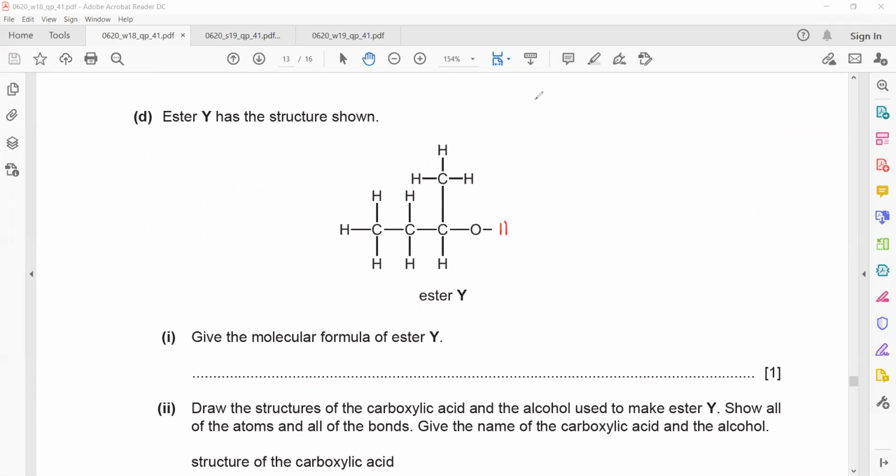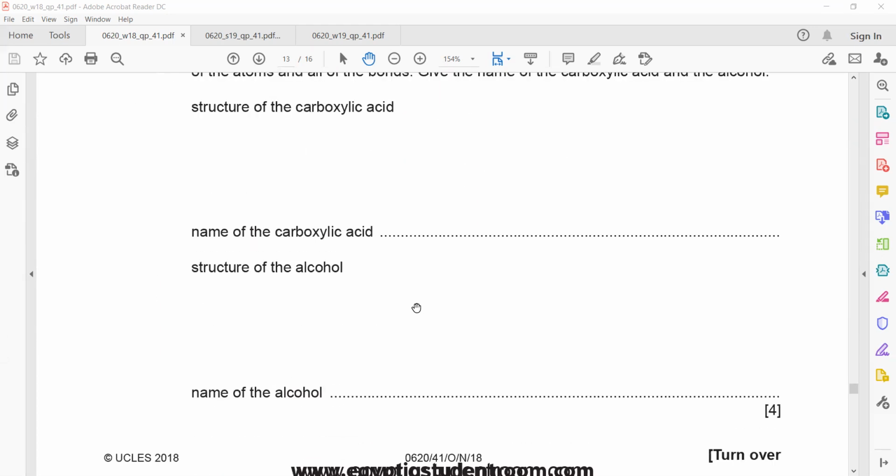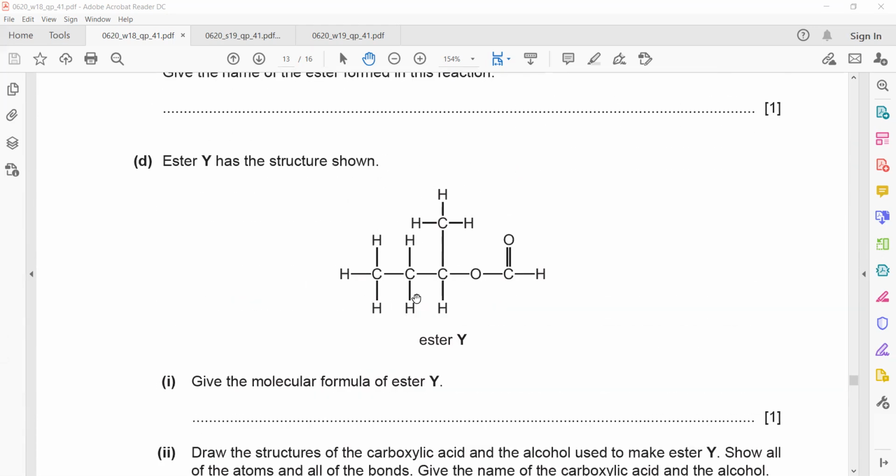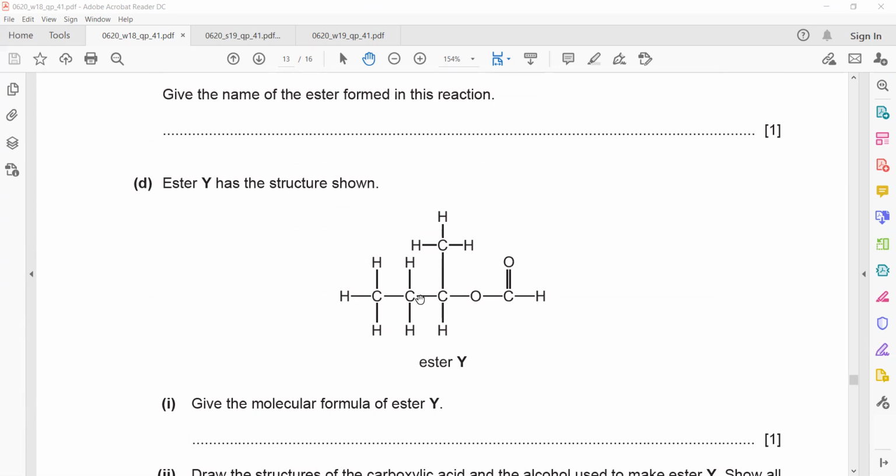And if you want to draw the carboxylic acid, hide the part which is coming from the alcohol, and put H. That will give you the carboxylic acid structure. Is it clear? The next part is just to draw the structure of the alcohol and carboxylic acid.